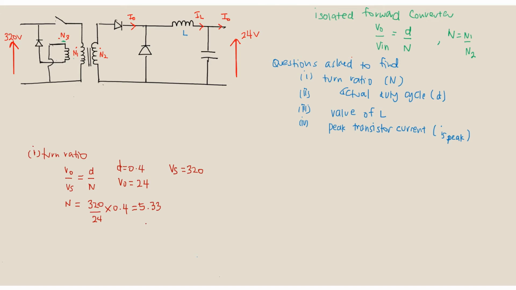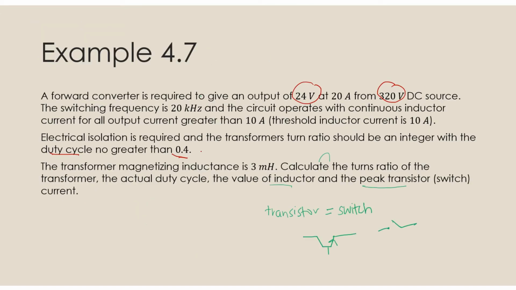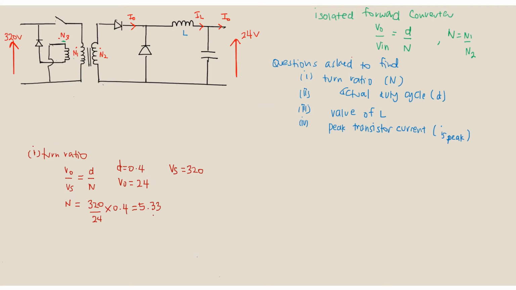But the question says the turns ratio needs to be an integer, and 5.33 is not an integer. Integer means a round number: 5, 6, 7. So N here is not an integer, and now you have to round it.